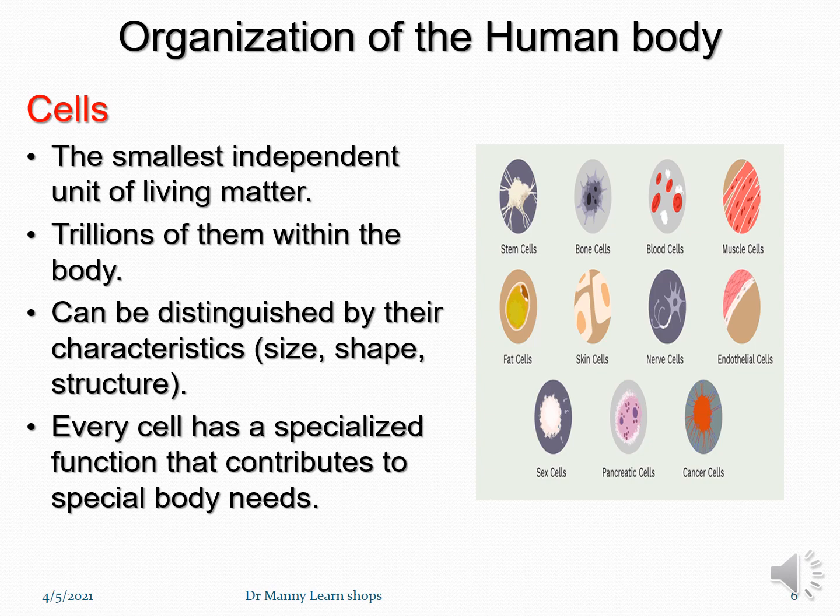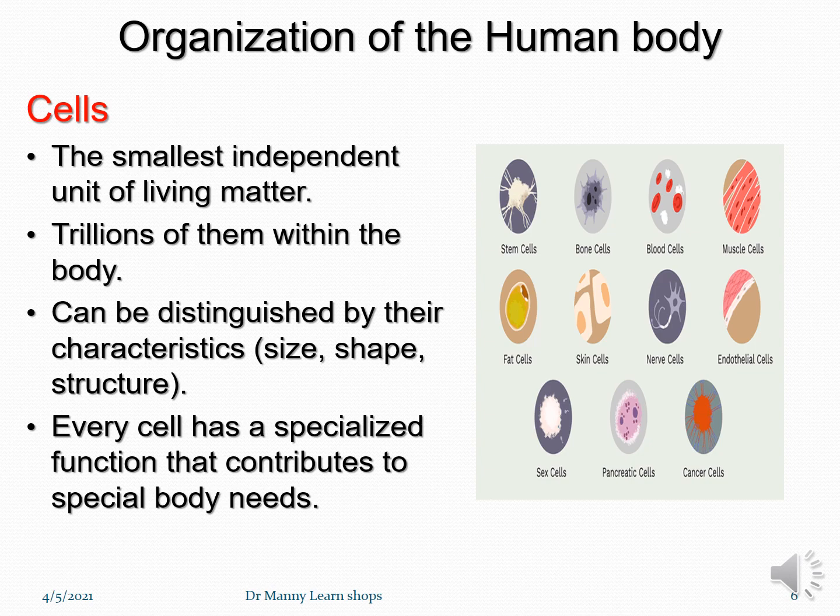When we take it a step further, atoms create cells in combination. And cells are really the smallest independent unit of all living matter. And there are trillions of them within the body. And they can be distinguished by their characteristics such as size, shape, and their structure.